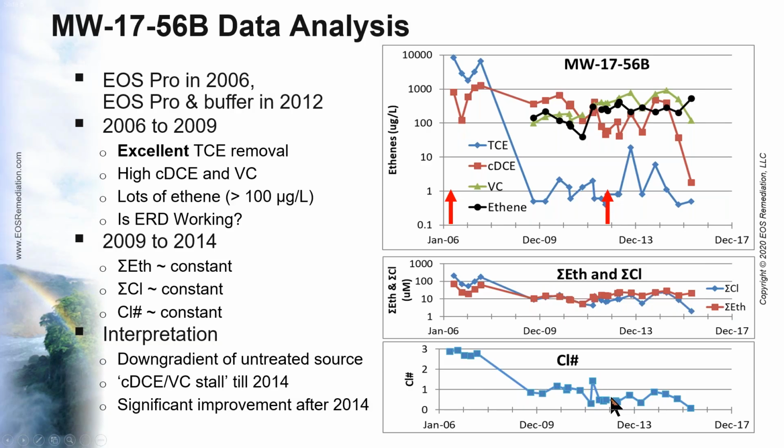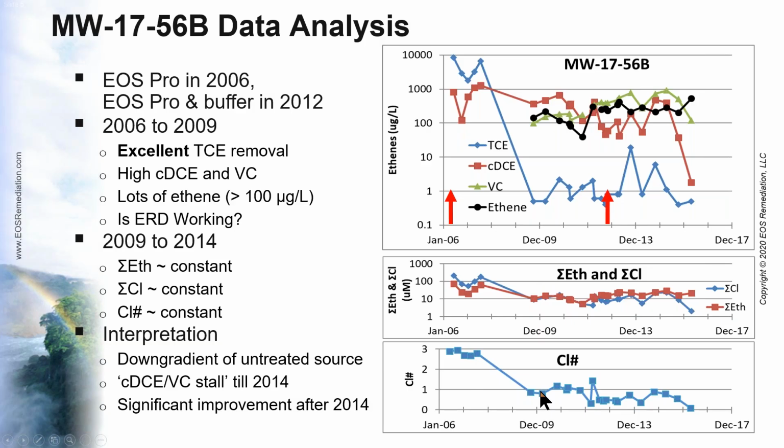Now, if you take the ratio of that below, you see the chlorine number, which is the sum of organic chlorine divided by sum of ethenes. Initially it's about 3, so basically what that's saying is it's virtually all TCE. And then by 2009, it drops down to about 1.